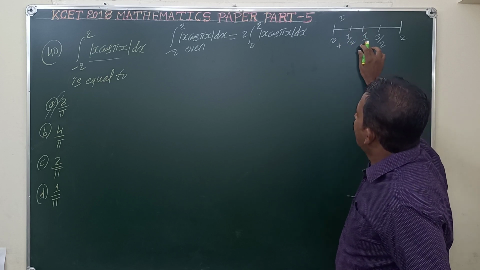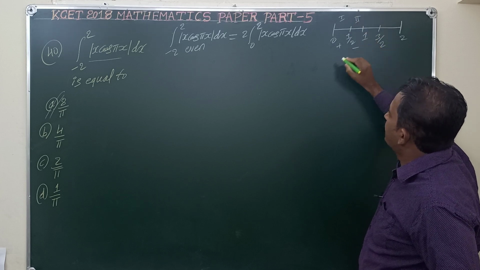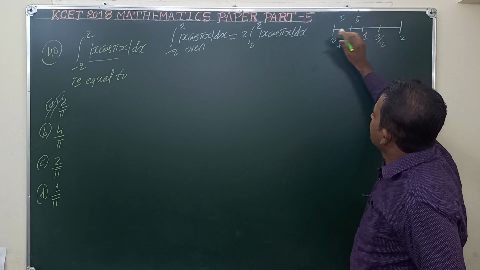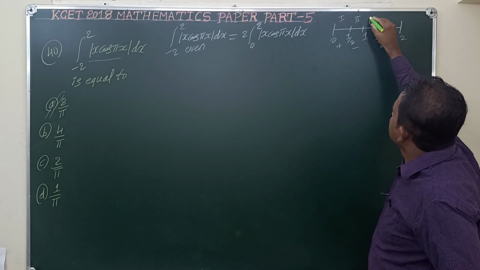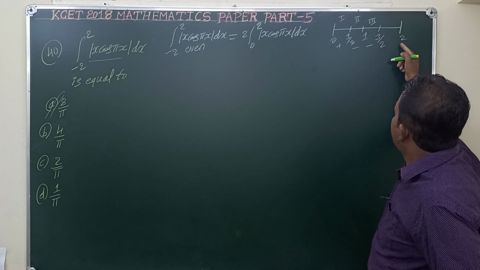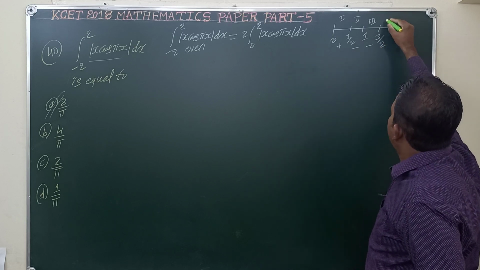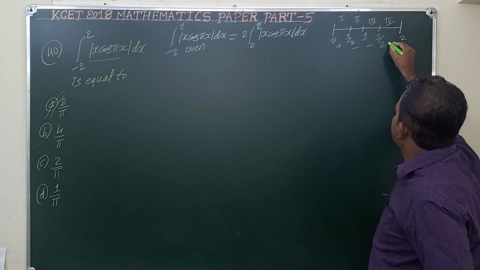From 1 by 2 to 1, this is in the second quadrant, where cos is negative. From 1 to 3 by 2, this is the third quadrant, so cos pi x is negative. From 3 by 2 to 2, this is the fourth quadrant, so it is taken as positive.